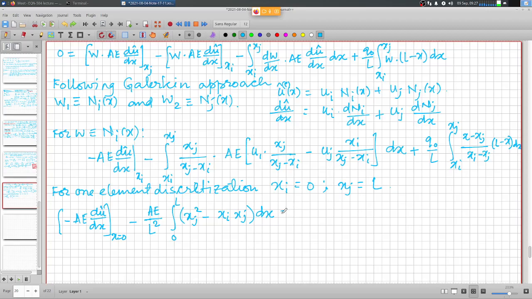Similarly, here we will have minus q naught L square. So I take out xj minus xi, that is equal to L, and that will be figuring out in this L square here, and the negative sign is absorbed here in this negative. So this becomes x minus L multiplied by L minus x.